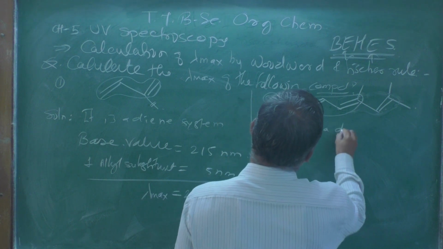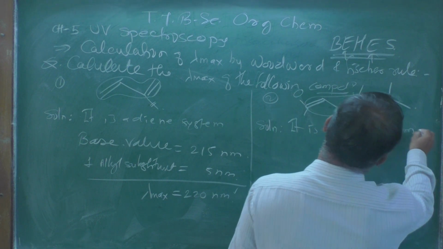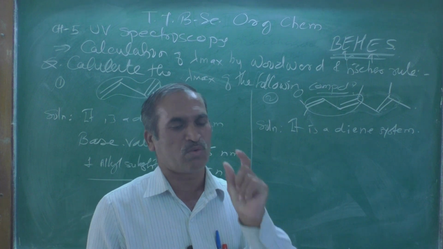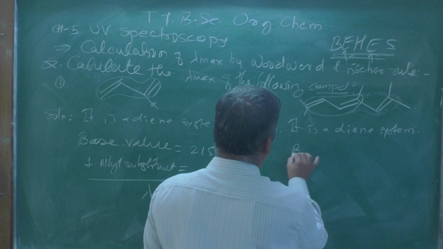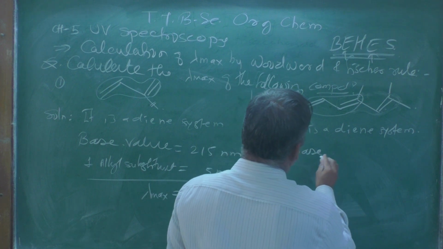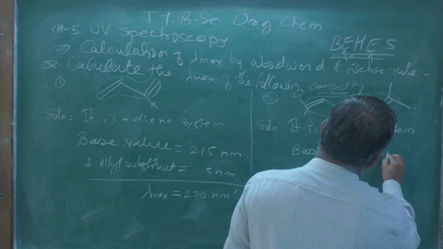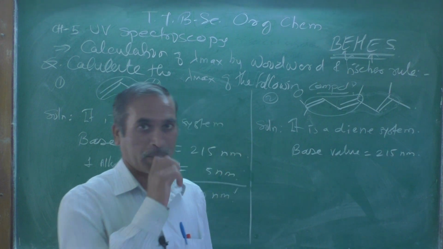And if a diene system is there, we know that only one base value is there. So the base value of the diene system is how much? It should be 215 nanometer. That is the base value.